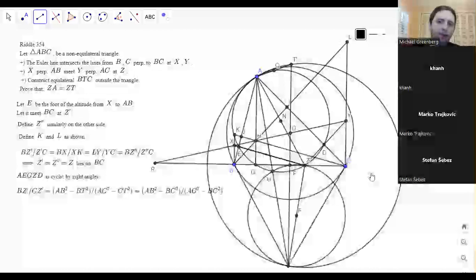But yes, that is an interesting lemma. If you let OH meet BC at R, then this cross ratio is equal to this. Is there a way that we can interpret this? Like AB squared minus BC squared. I'm trying to think of a way.